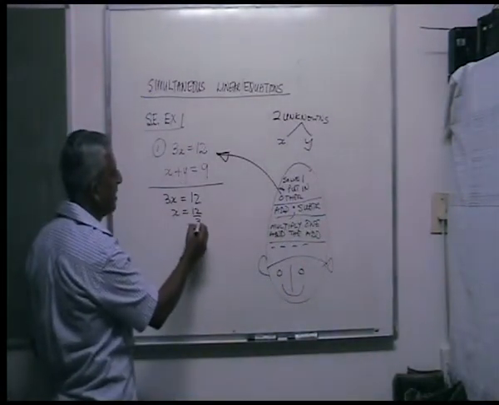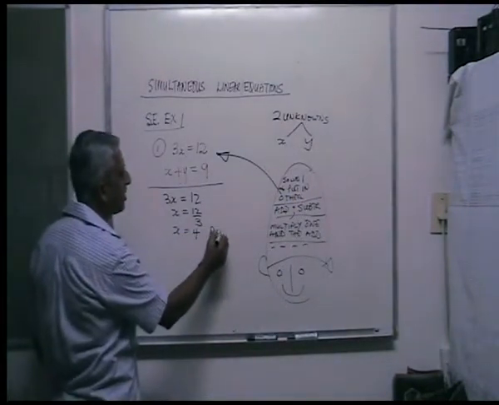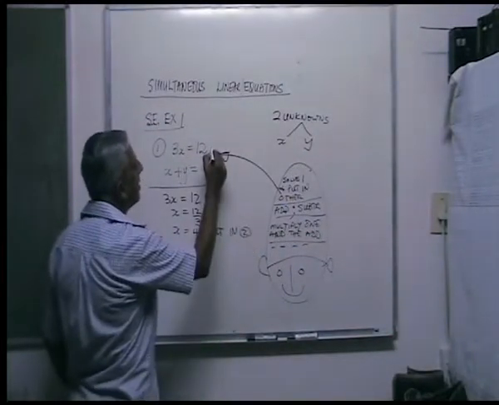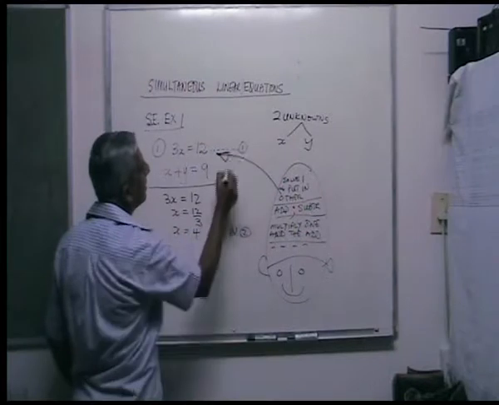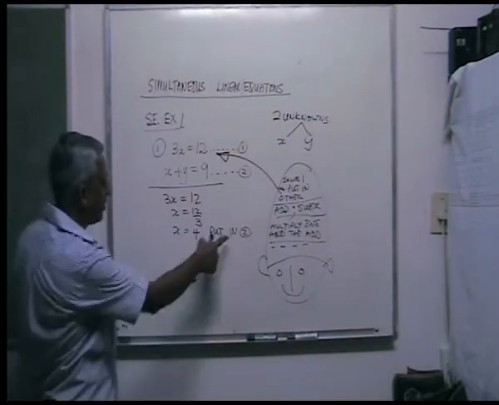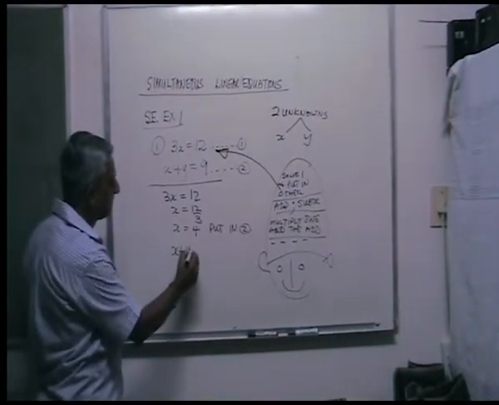So 12 divided by 3, x is equal to 4 and you put in 2. You see, you're supposed to write 1 here and you're supposed to write 2 like that. So you put it in 2. So if I want to put this in number 2, first I must write it down.